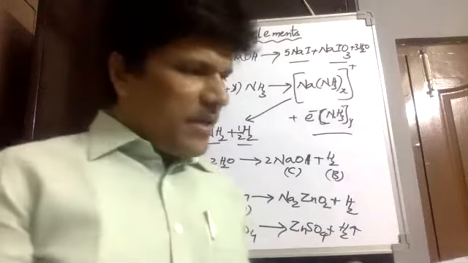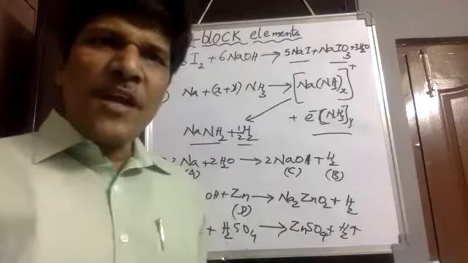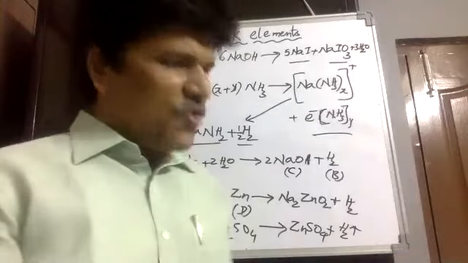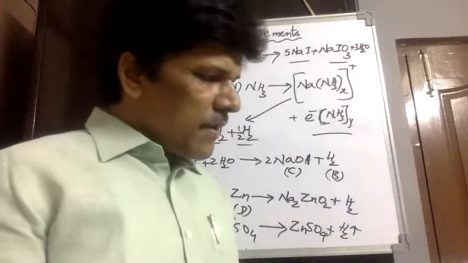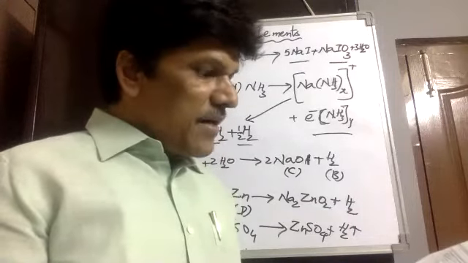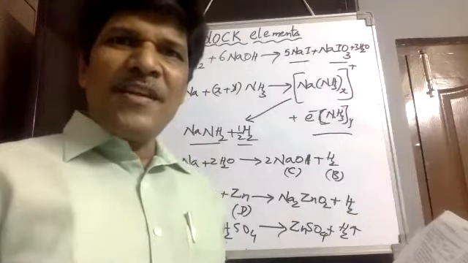That is 11th B. Then Chile saltpeter is NaNO3, Indian saltpeter or Bengal saltpeter is KNO3. But here we need Chile saltpeter, A answer. Then commonly used laboratory desiccant, generally calcium chloride is the common desiccant.